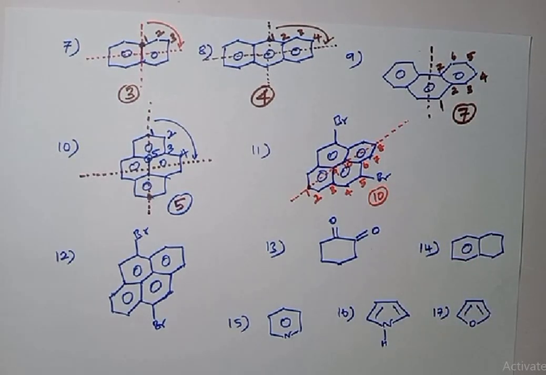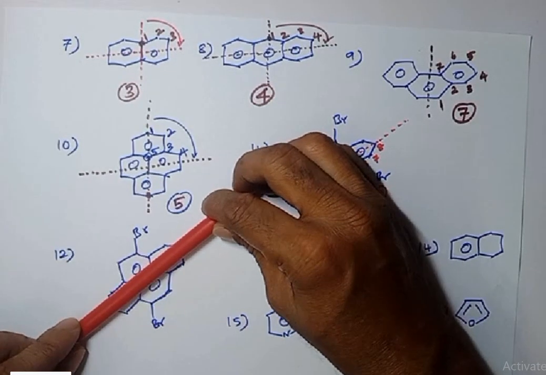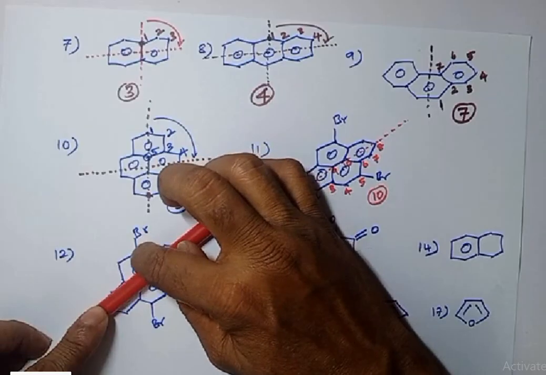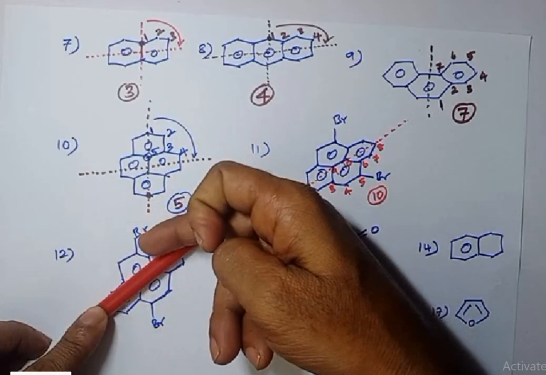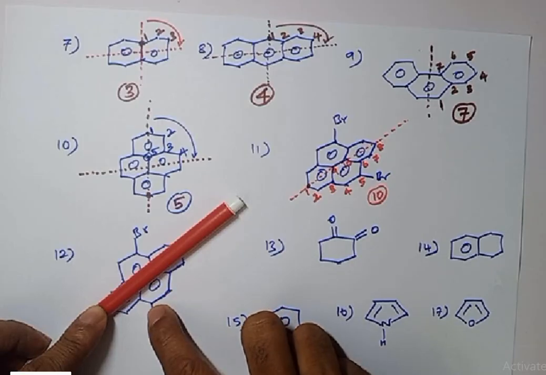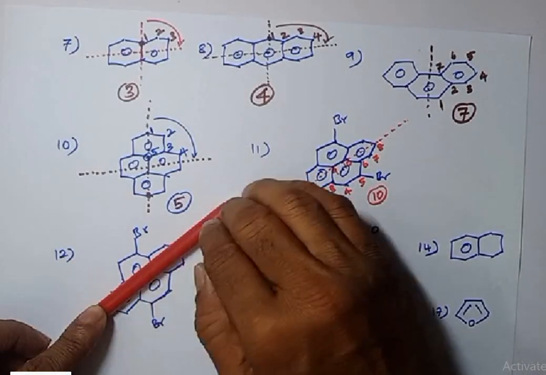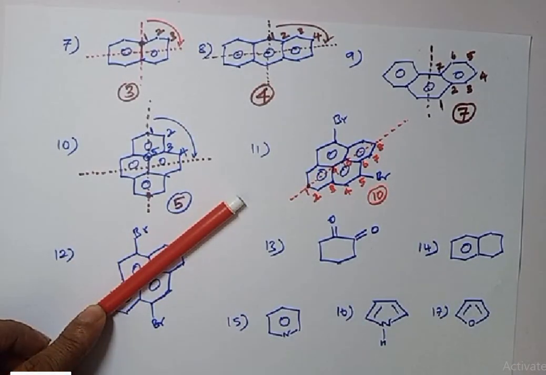Okay, take note. See this example. Suppose we keep a plane here. I have a bromine atom attached to this carbon, but exactly on the other side I don't have bromine here; instead bromine is present on the next carbon. So this molecule does not contain this plane of symmetry. This plane of symmetry is absent.